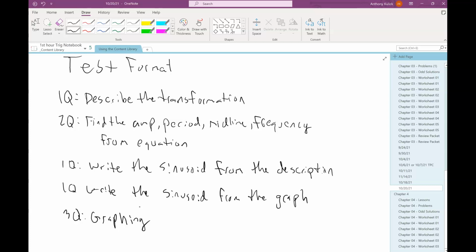Worth pointing out to you, the subskill that's critical to every one of these problems, or virtually every one of these problems, is the ability to pick out the values for A, C, H, and K, right? If you cannot do that, you're going to make a mess out of the describe the transformation. You're going to make a mess out of the amplitude, period, midline, frequency problems. You're going to make a mess out of the graphing.